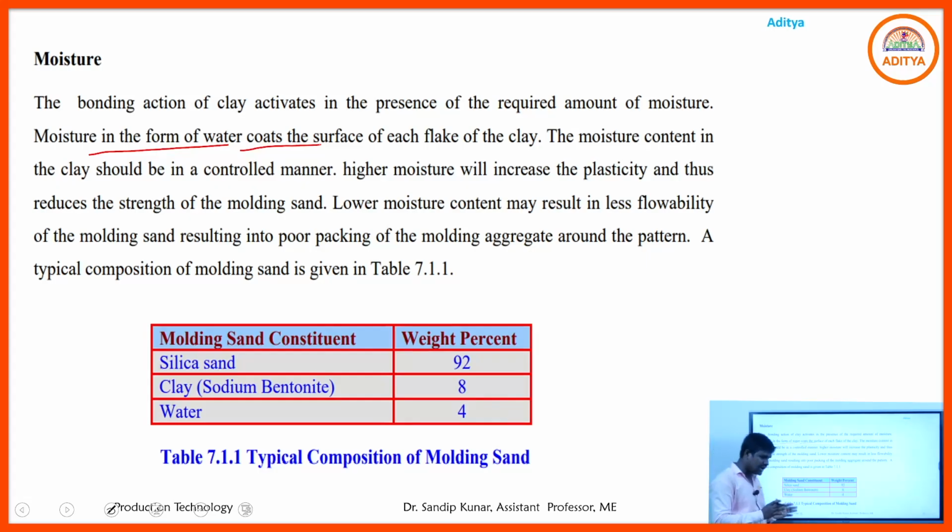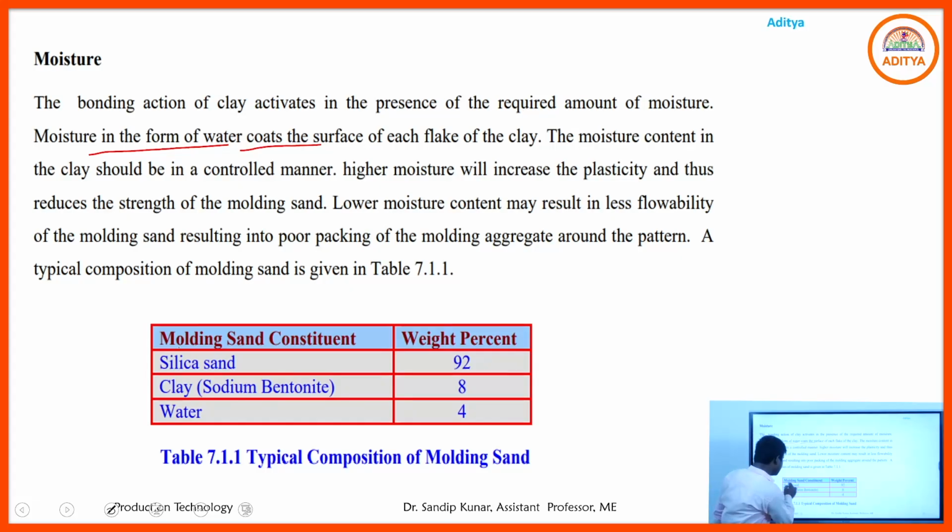When we take moisture or water vapor, sometimes it will be mixed with the clay and make a plastic type material. So it will act as a binding material to the sand, and it also increases the binding capacity and binding strength.